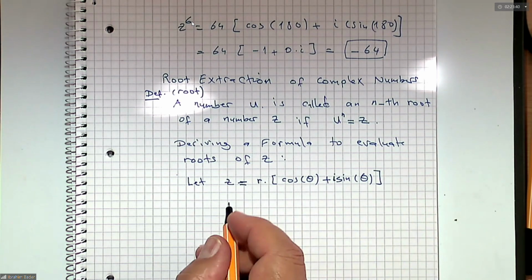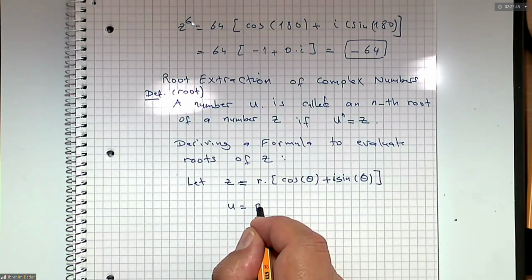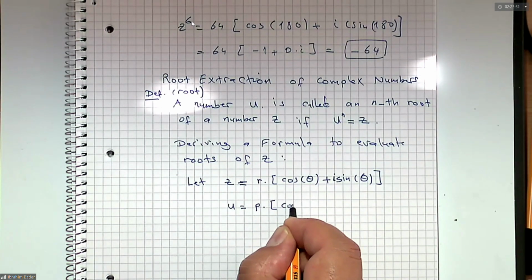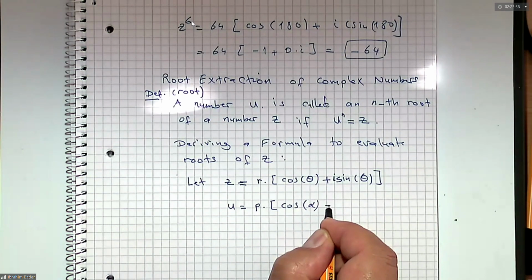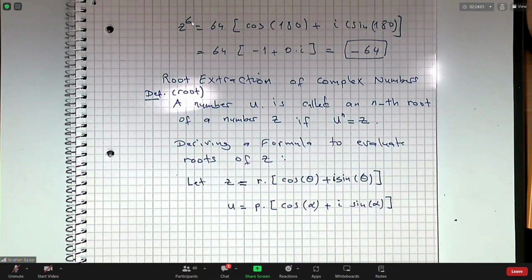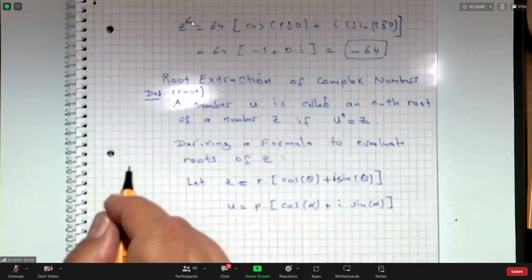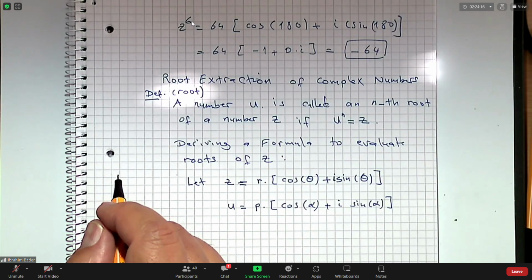And let us take another number, we call it u, and this u is equal to, let's assume another number, let's call it p times cosine of another angle, maybe you call it alpha, just to distinguish, plus i sine alpha. Okay. Now we say that u is a root of z. What does that mean?